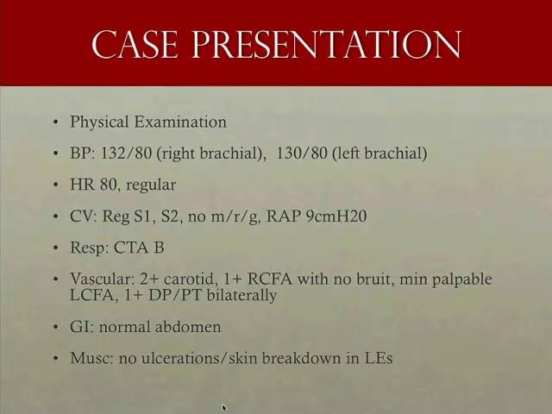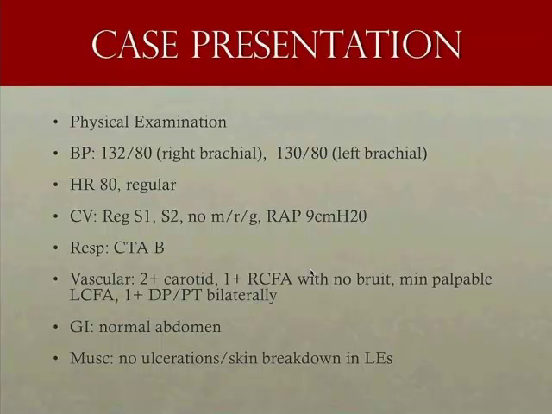On physical exam, her blood pressure was well controlled at 132/80 and symmetric in both arms. Her heart rate was 80 and regular. Her cardiac exam was largely unremarkable, as was her pulmonary exam. Her vascular exam revealed 2+ carotid pulses bilaterally, with a 1+ right common femoral artery pulse with no bruit, and a minimally palpable left common femoral artery pulse as well.